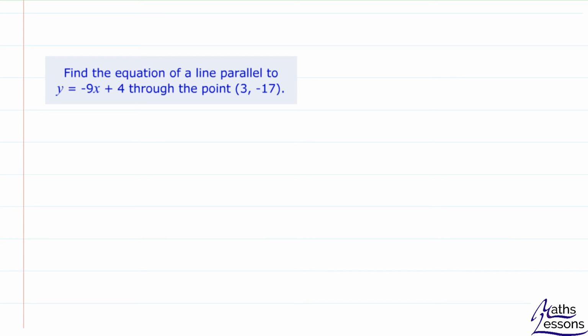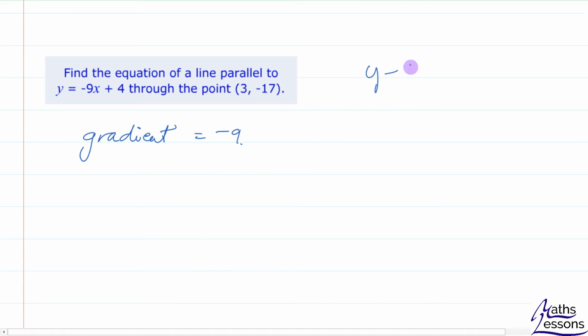Okay, so find the equation of the line parallel to this through this point. The line that's parallel will have the same gradient, and the gradient of this is -9. So you've got a gradient of -9, and it's through this point. Remember what we said: y minus b, if it goes through the point (a, b), equals m times (x minus a).